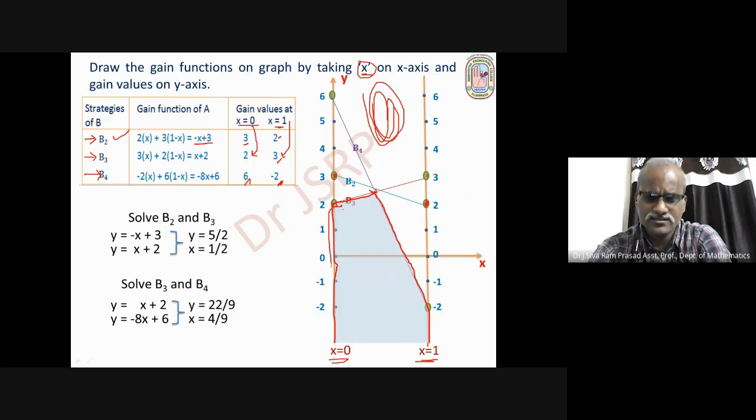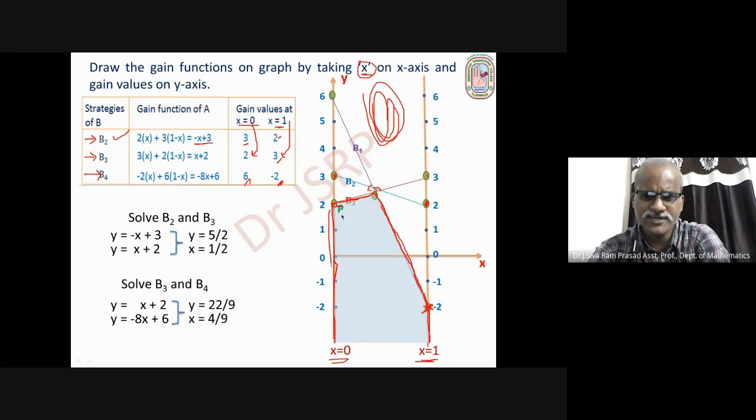For that lower region, this is the boundary, with 3 intersection points, and among these 3, this is the highest level intersection point.